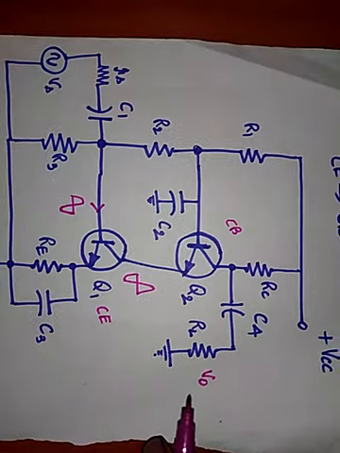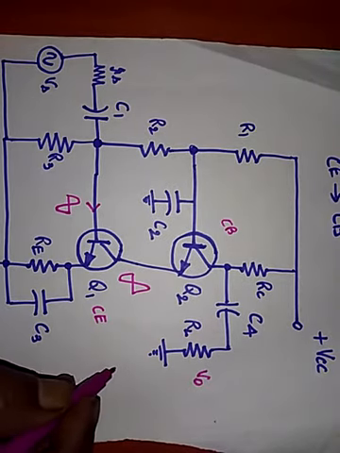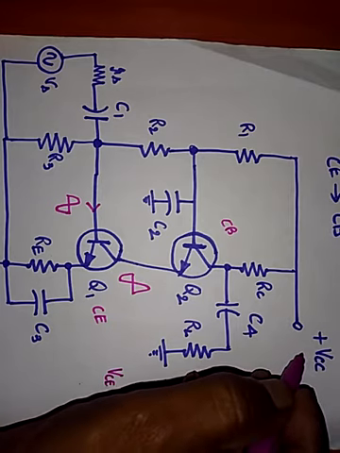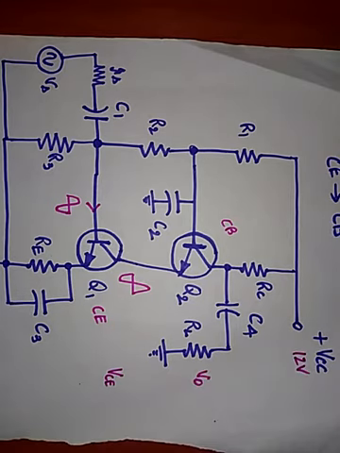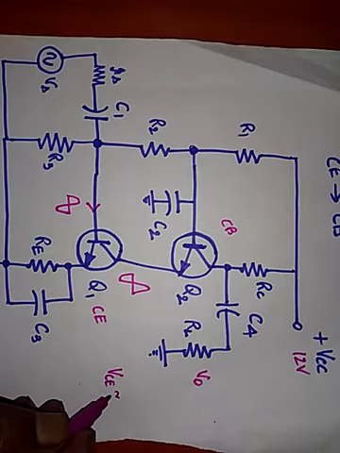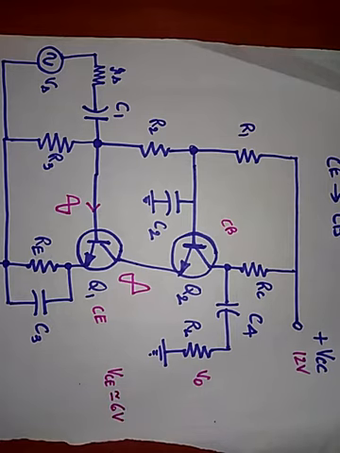Generally, the thumb rule for collector to emitter voltage: suppose you take the supply as 12 volts. If you want to make this an amplifier, you set the collector to emitter voltage approximately equal to 6 volts. This is the thumb rule.